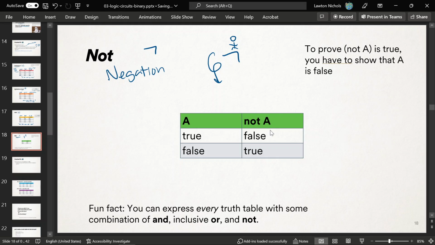So the NOT A is the opposite of A. So if you have A, then the negation of A, if it's true, is false, right? You just flip it. True becomes false, false becomes true. So the only way to prove that NOT A is true is that you show that A itself is false, because that was the only case that would make it true. You see how it gets flipped like that?